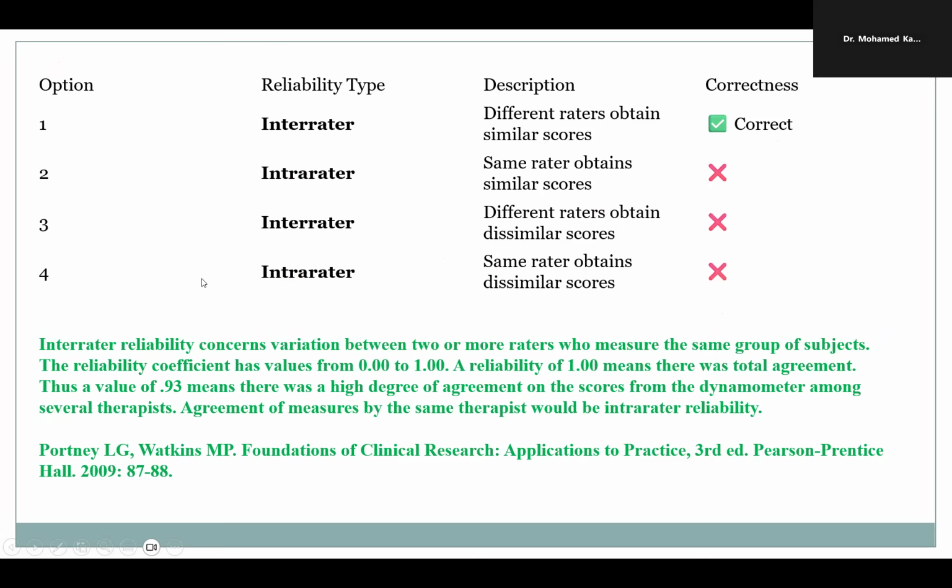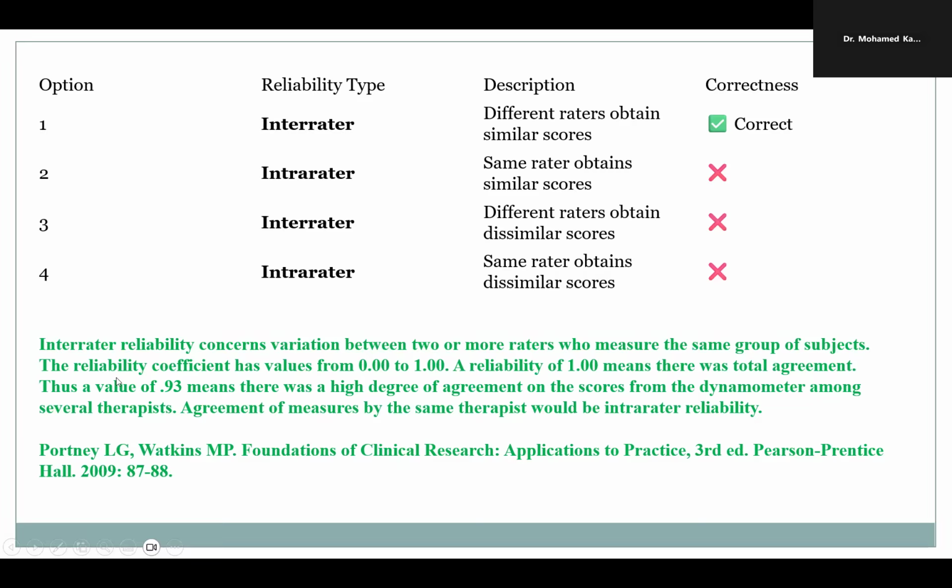Basically, we are trying to examine the variations between scores, and we might get a score from 0 up to 1. A reliability of 1 means that there was total agreement in scores, which is very rare.